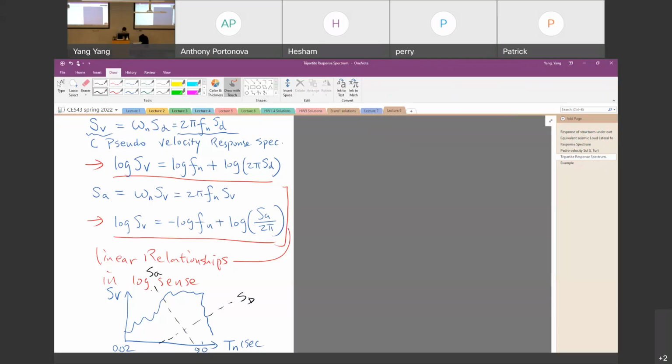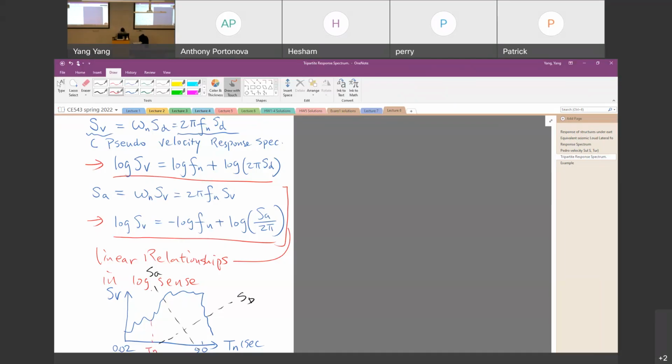Right? So, for example, if we give a Tn over here, this is the SV value.